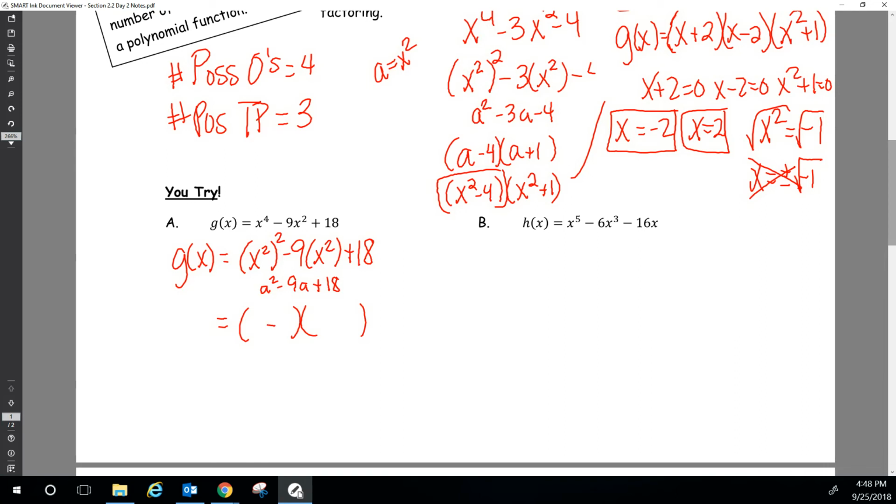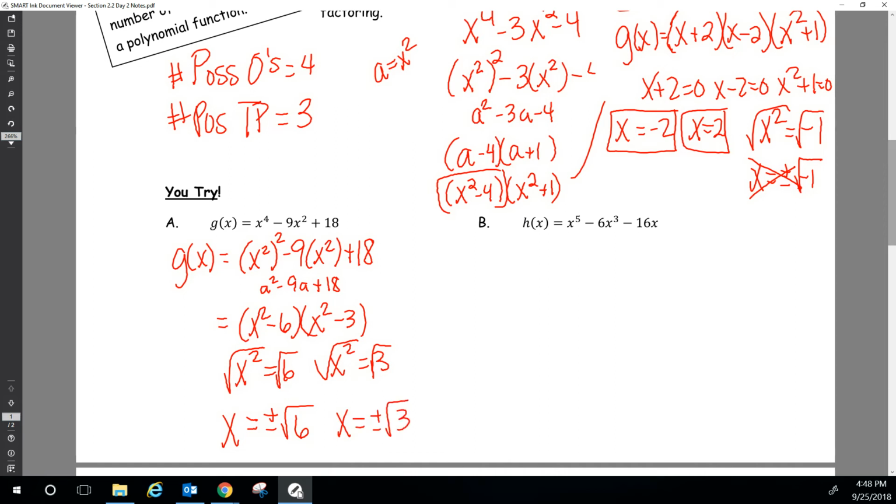And that would be -6, -3, and instead of putting a here and here, I go back to putting x squared. Now we're going to solve these guys. So x squared is equal to 6, or x squared is equal to 3. When you take the square root of both sides, I get x is equal to plus or minus the square root of 6. x is equal to plus or minus the square root of 3.